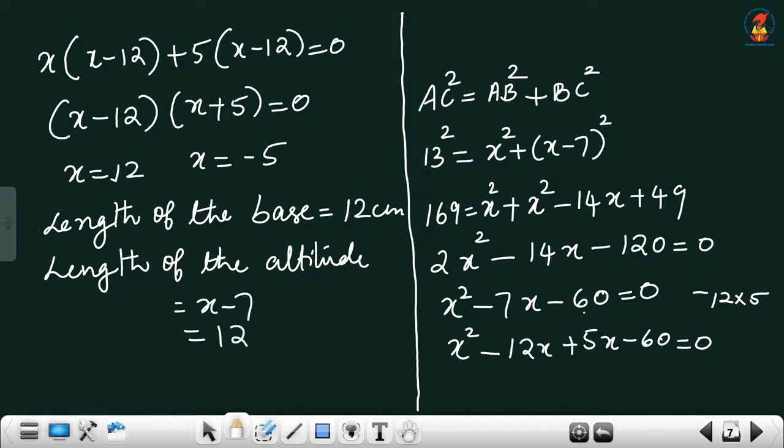So it is 12 minus 7, which is equal to 5. This is the final answer. After finding the value of x, you have to write the length of the base is 12 centimeter and length of the altitude is x minus 7, which is equal to 12 minus 7, which is equal to 5.